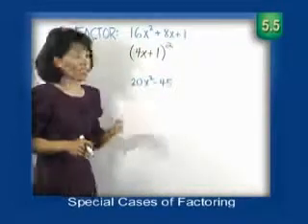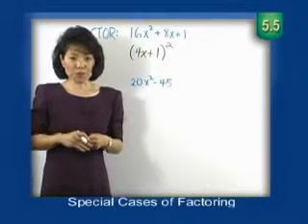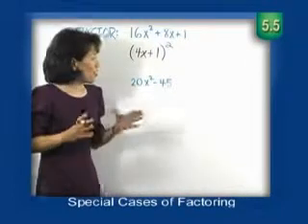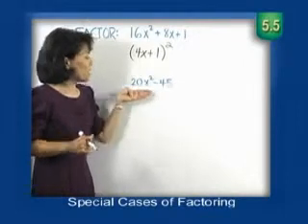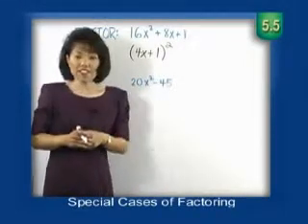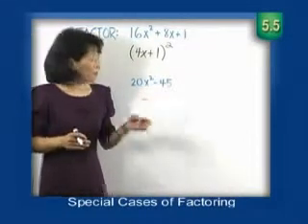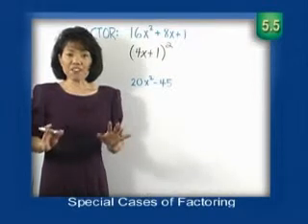Now, because you see two terms, automatically I hope you're thinking something about the perfect squares or the difference of perfect squares. Well, you're correct, but the only difficulty in this one is 20x squared is not a perfect square, and neither is 45. What are we going to do? Well, don't forget the very first rule of factoring.